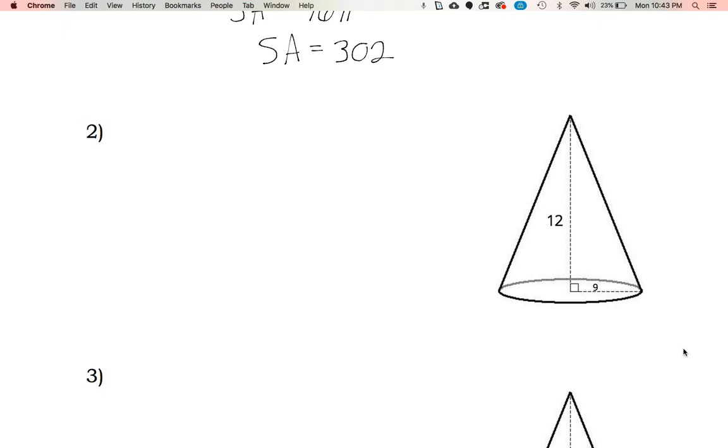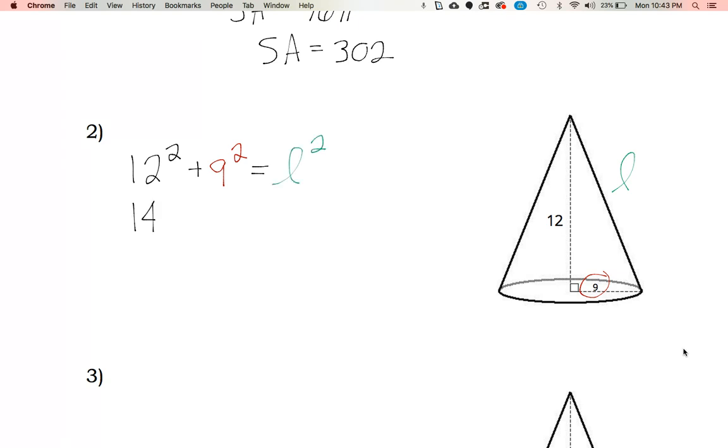Number 2, radius. Notice we do not have the slant height. So before I do any work, I'm going to go find that slant height. So 12 squared plus 9 squared equals L squared.